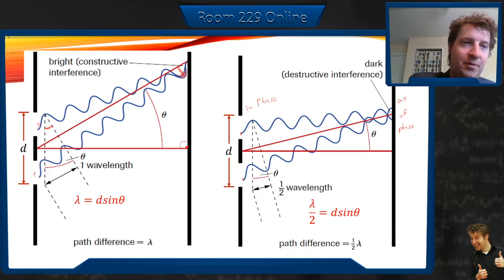So using trigonometry, if I know that this length here is d, the opposite length here will be equal to d sine theta. So d sine theta represents the path difference, and it has to be equal to lambda for constructive interference, and this path length difference, we can call it delta L.